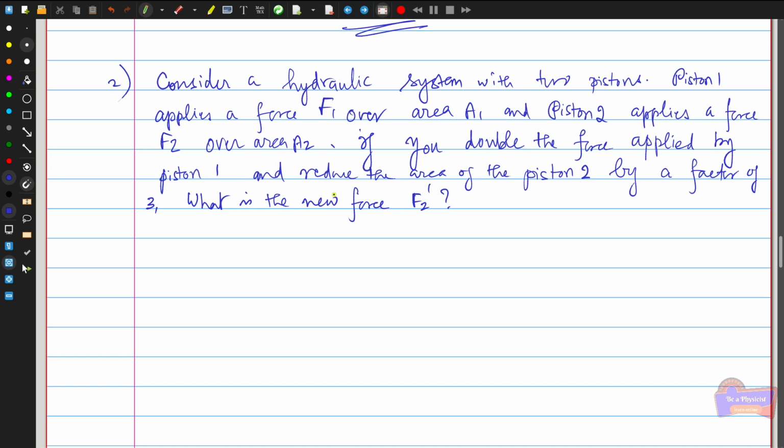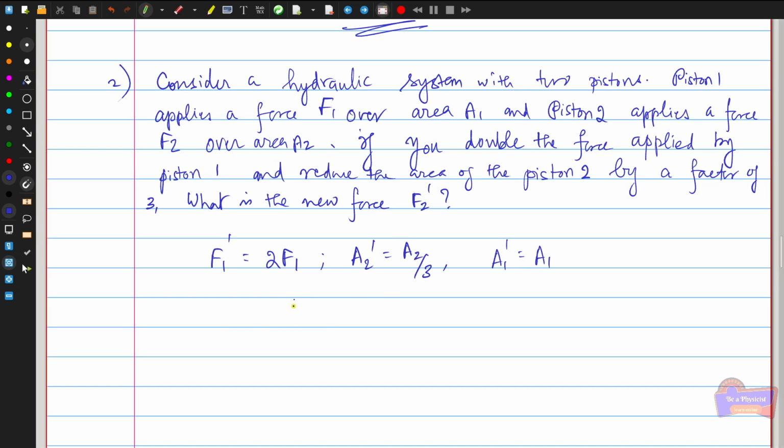If you double F1 and reduce the area by 3, then I can write the new force on piston 1 as F1 prime, which is 2 times F1, and A2 prime, which is equal to A2 divided by 3. The area of the input side is the same, so A1 prime is equal to A1.